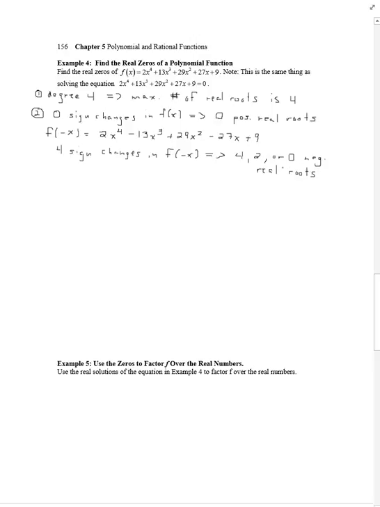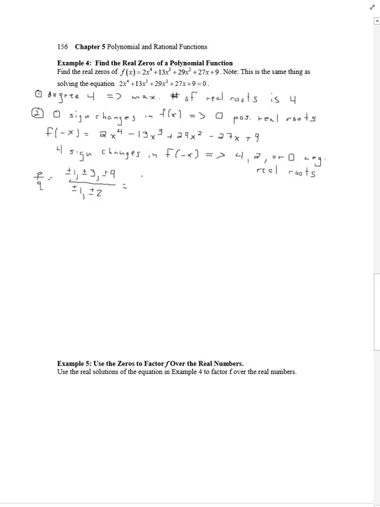So now we have to do our P over Q's. For P's, we got plus minus 1, plus minus 3, and plus minus 9. And for Q, we have plus minus 1 and plus minus 2.